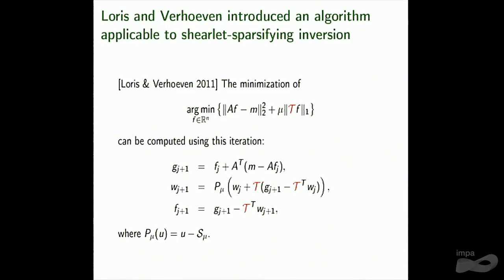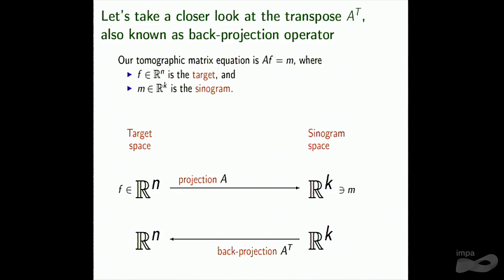Also, if we remember these iterations, this is the Loris and Verhoeven, very close to what we used before, it also has A transpose built in. So A transpose is something we often need. Let's take a look at what it really is, how to think about A transpose.